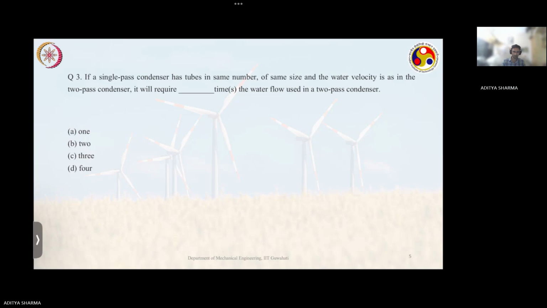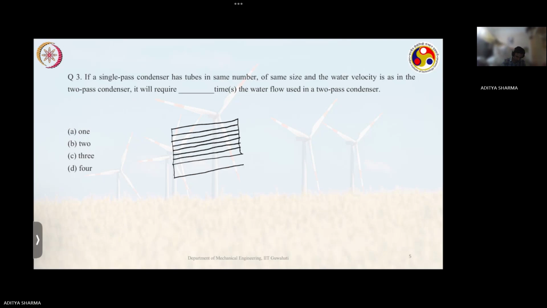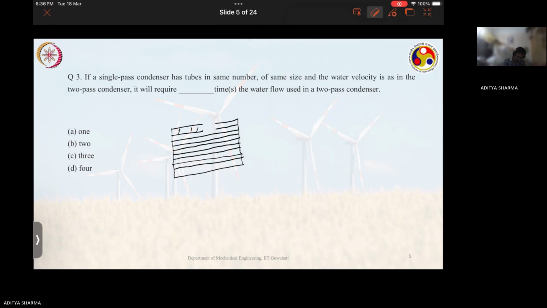So I'll just draw here. So I have here, so I'm shading it just to know that we have these tubes. Okay.